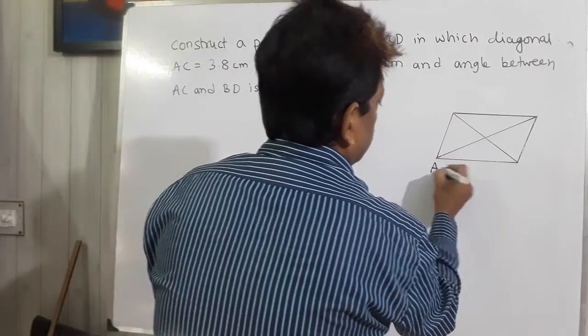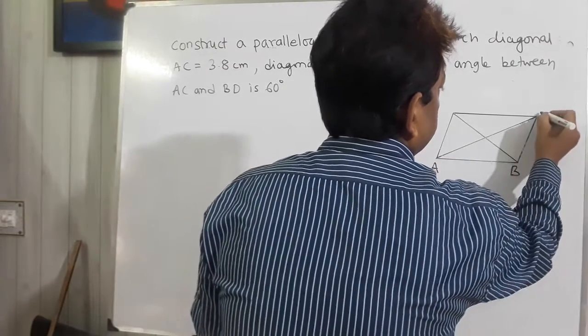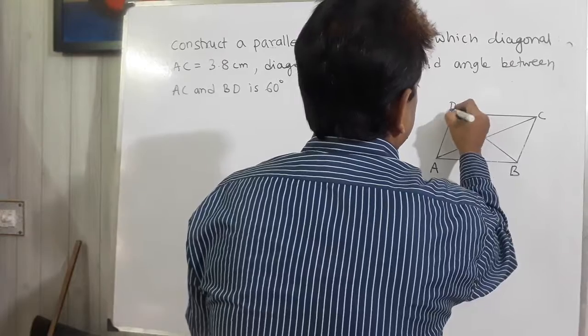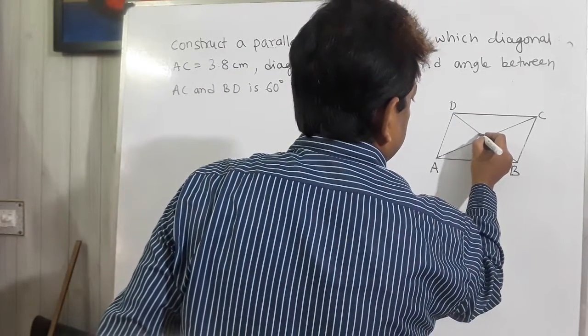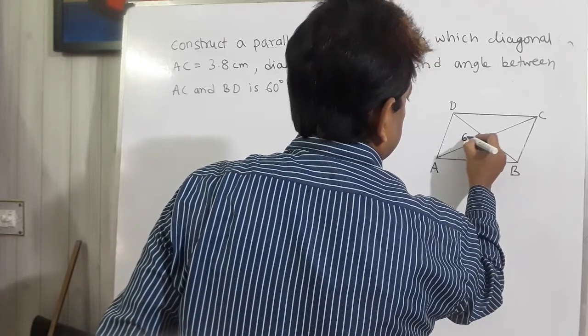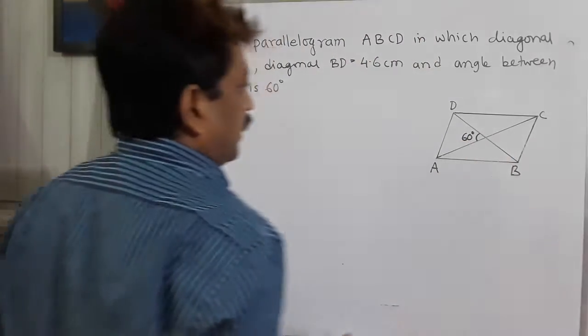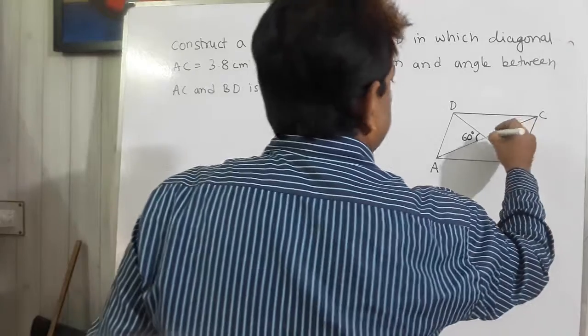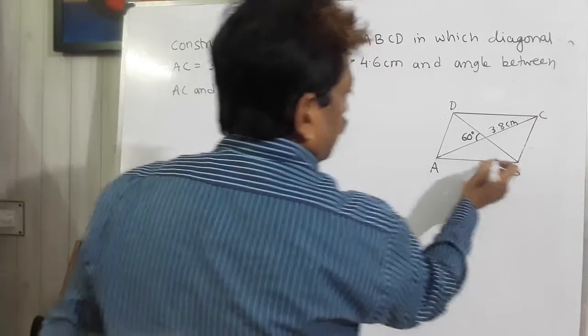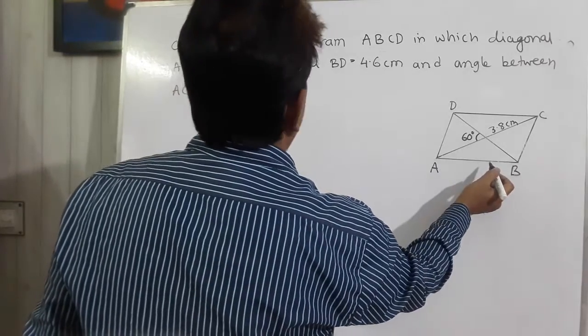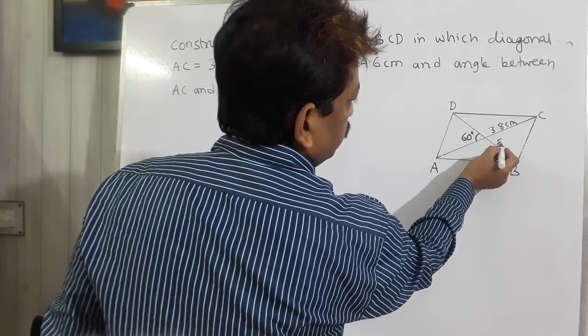So here is the parallelogram ABCD, in which the angle between the two diagonals is 60 degree and diagonal AC is given 3.8 centimeter and diagonal BD is given 4.6 centimeter.